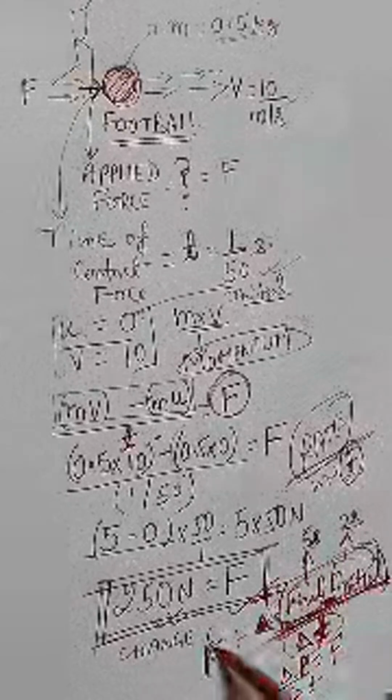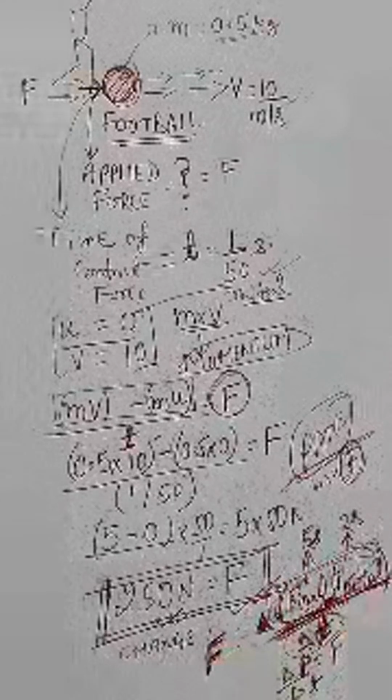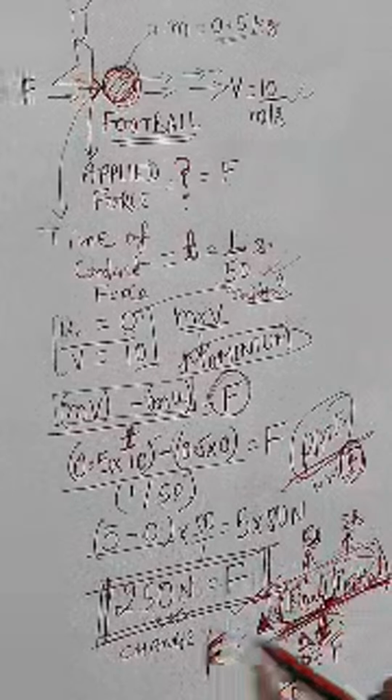This will give you the force. This is as per Newton's second law. So we have solved this question, and applying this, we have calculated the force as 250 Newton, and this is our answer.